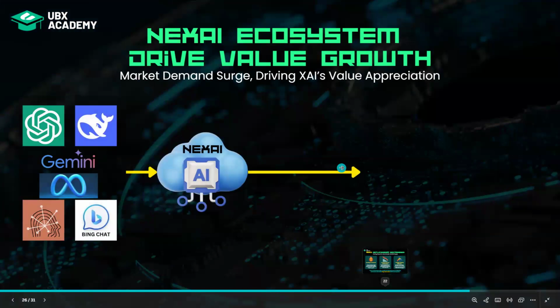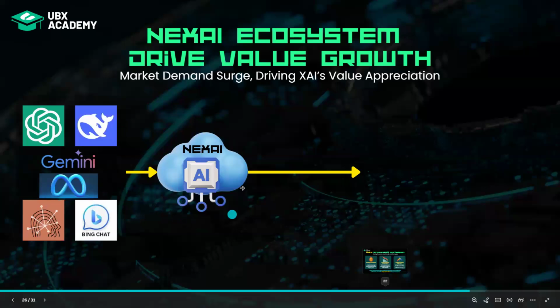So this is a chart. We all know ChatGPT, DeepSeek, Gemini, Bing Chat, Luma. All these developers need compute power to develop their AI.